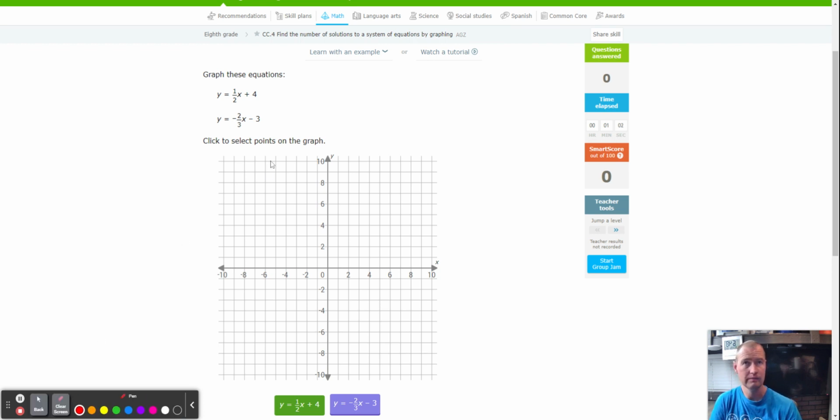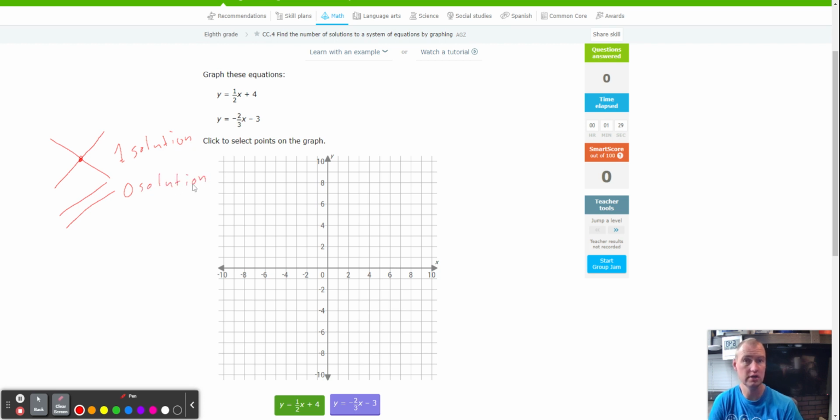A solution looks like when two lines cross at a single point. So we call that one solution. When two lines do not cross and they are something called parallel, like train tracks, that means we have no solution.